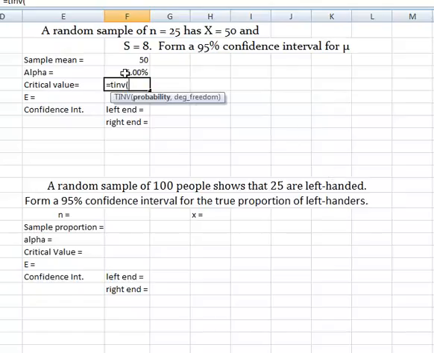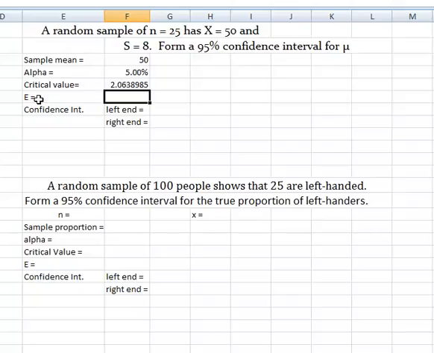Inside we put alpha 5%, comma, sample size 25 minus 1, that's the degrees of freedom. So the formula is T.INV, alpha 5%, and degrees of freedom 25 minus 1. We get a critical value of 2.06.